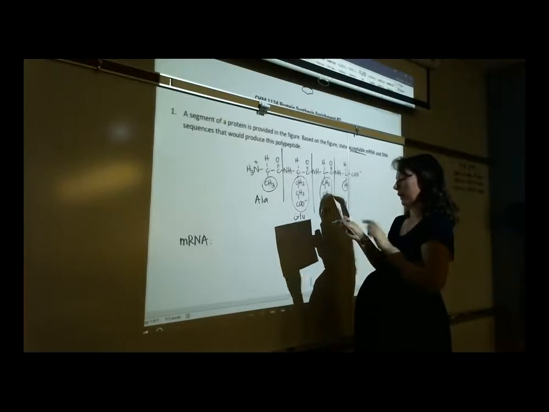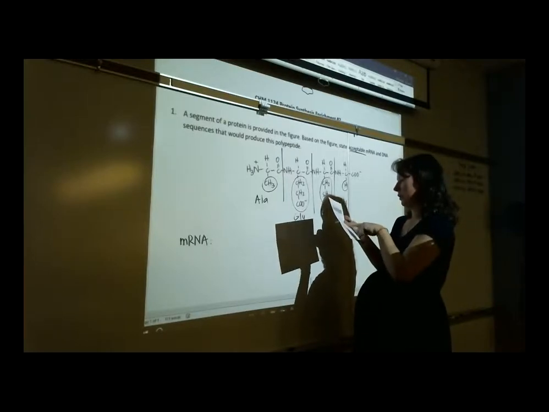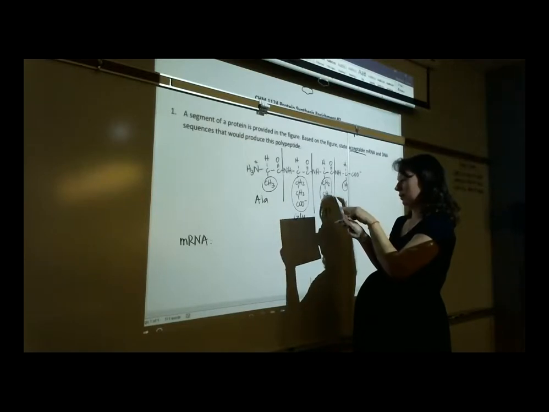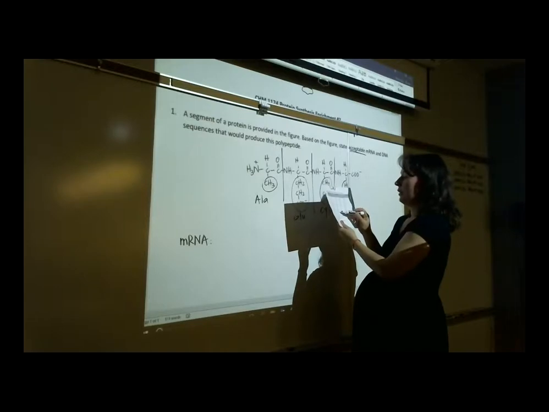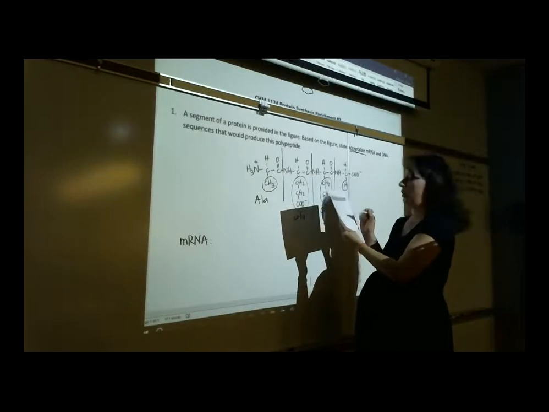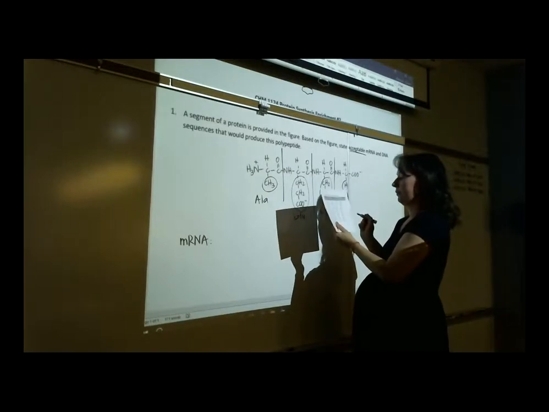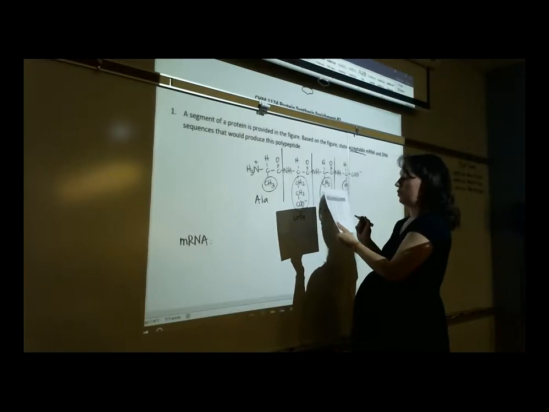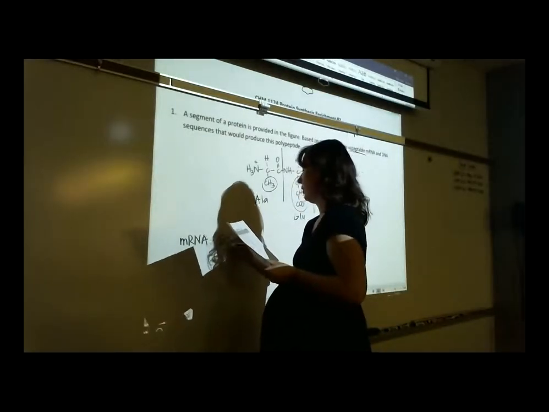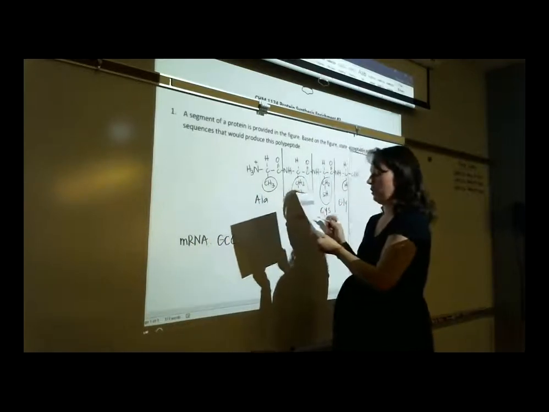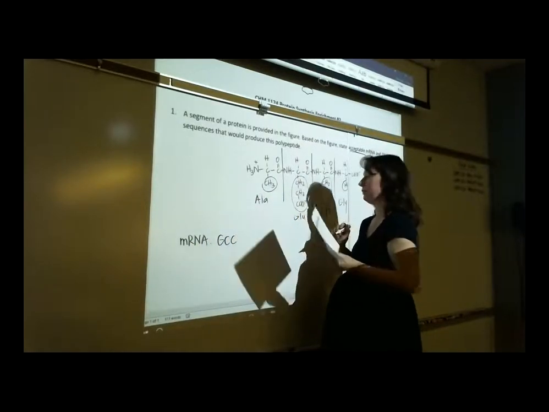So if we find alanine on our list, ALA, okay, so we've got 4 choices here, right? GCU, GCC, GCA, GCG. All 4 of those would be acceptable. Which one did you pick? GCC? Okay, that works. GCC works. But you also could have written GCU, GCA, or GCG.